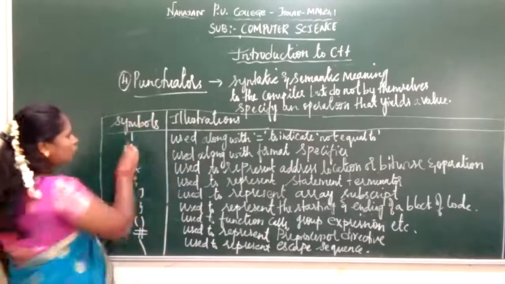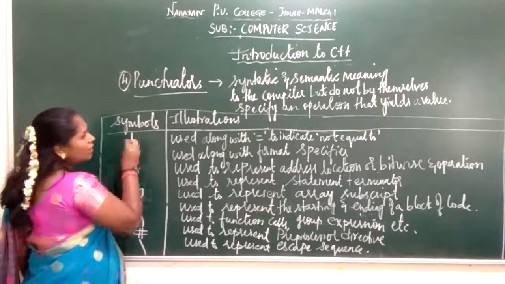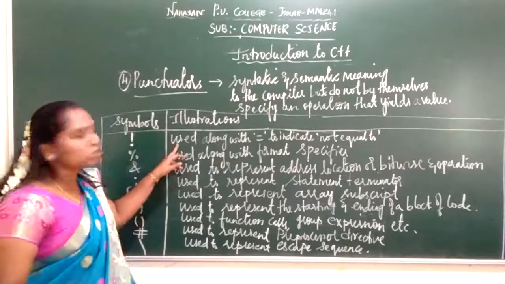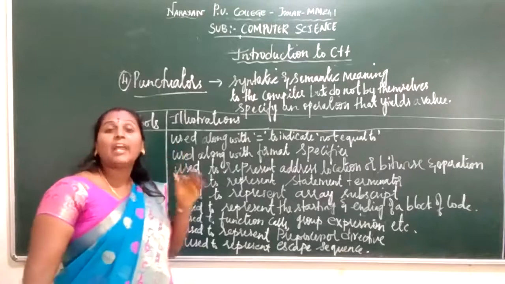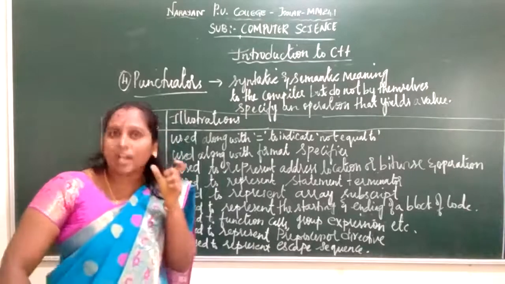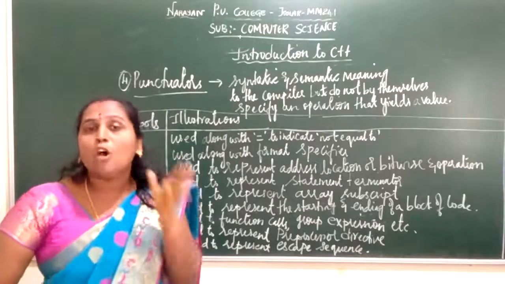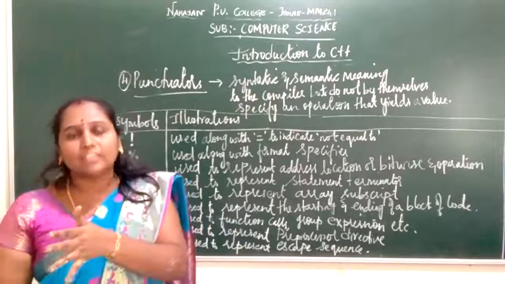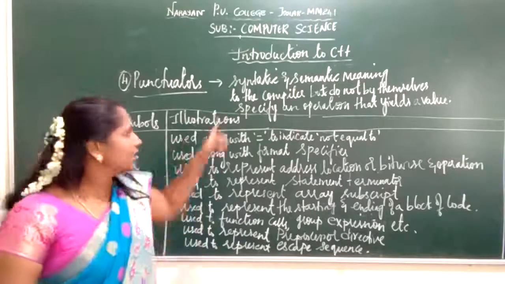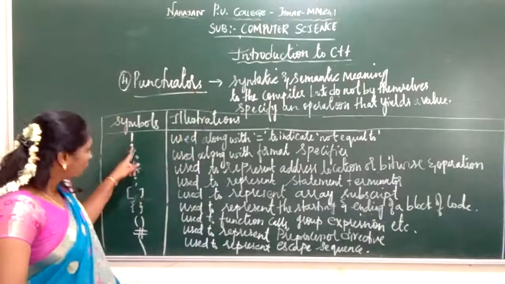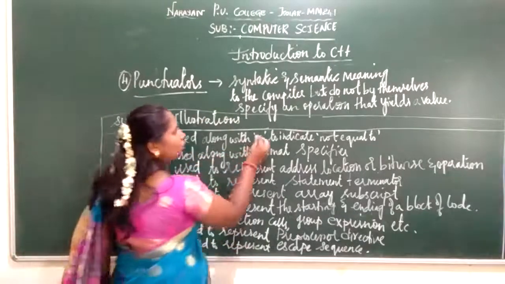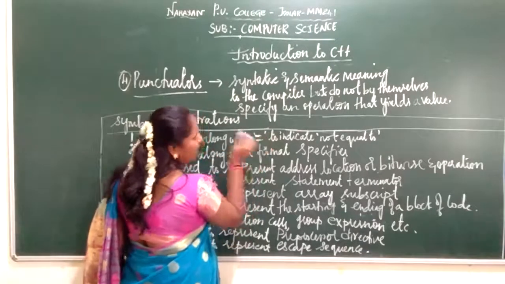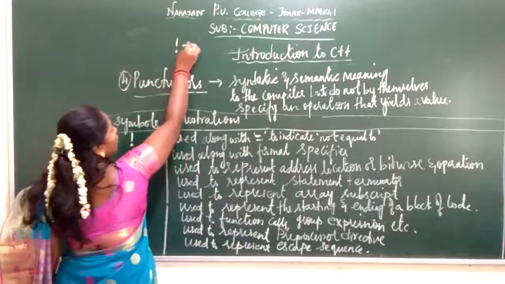So the first one is not. This is a punctuator that cannot be used alone. Some punctuators can be used alone, while others are used with some other characters or symbols. Not is used along with equal, giving not equal.